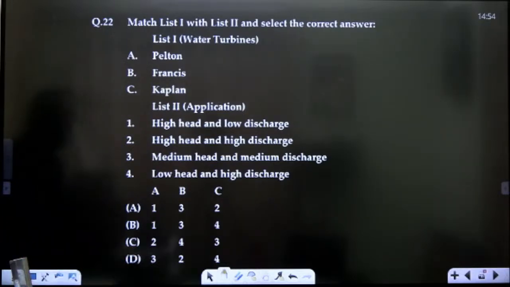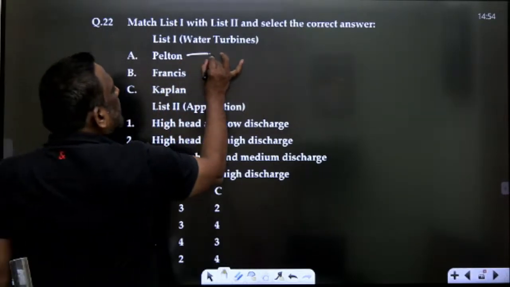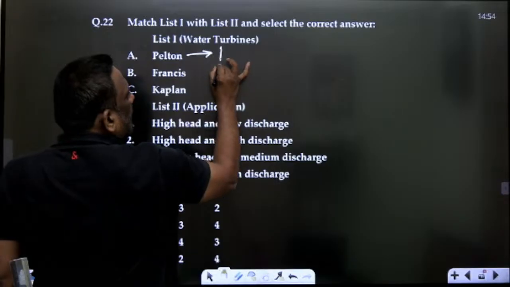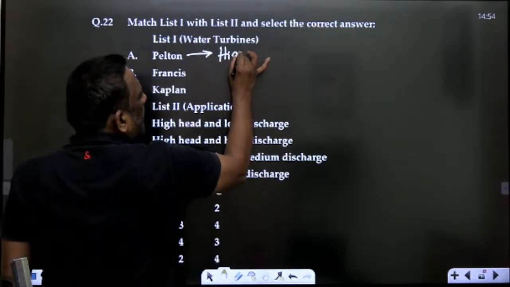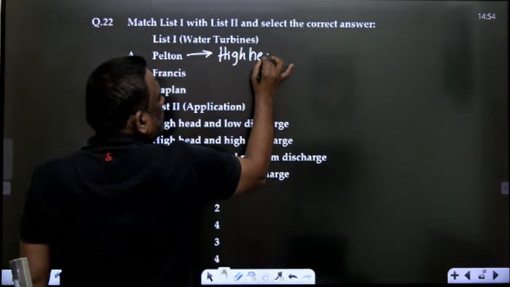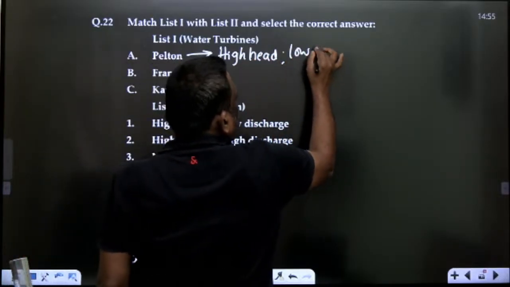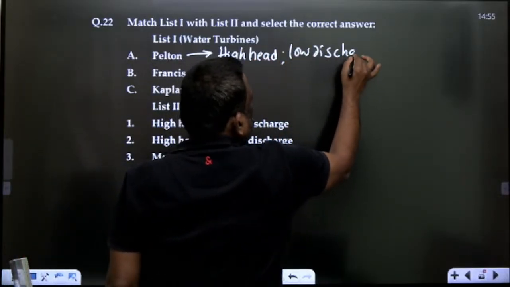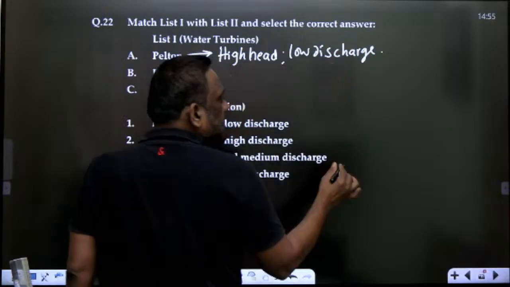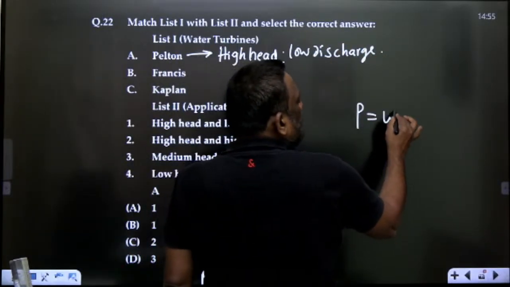Here it is different. Francis turbine is a high head, low discharge turbine. How, sir? Power is equal to WQH.